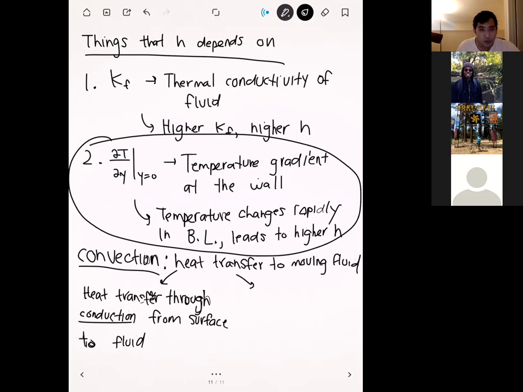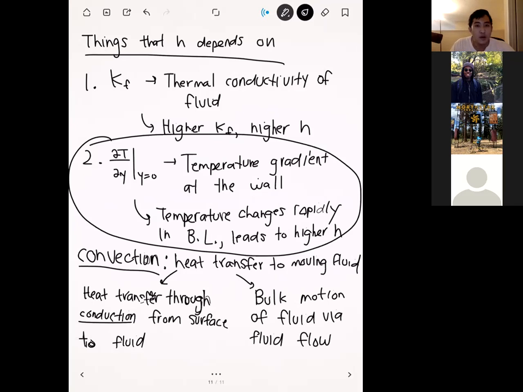And then the other thing that comprises convection is a bulk motion of the fluid via the fluid flow. So when we say convection, we basically mean these two things happening at the same time.